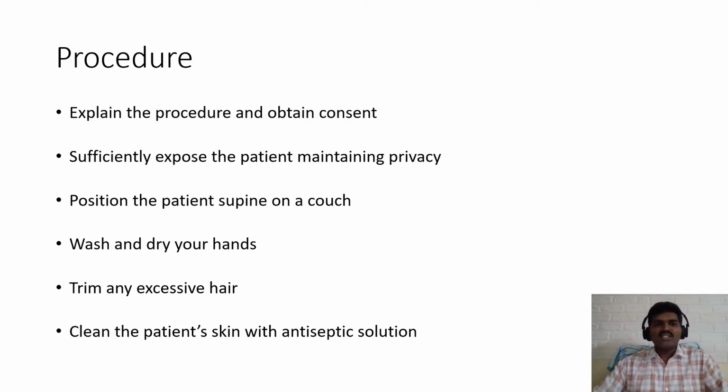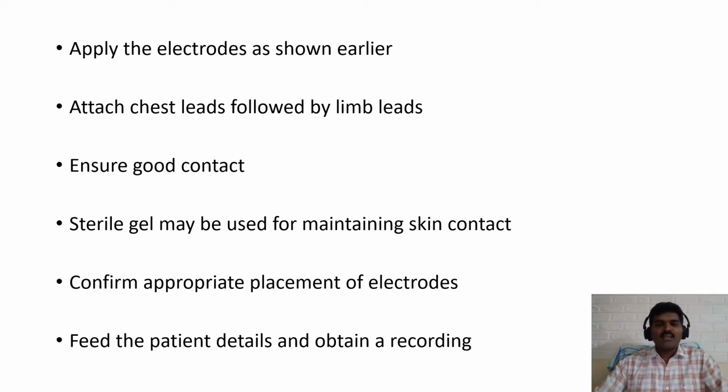For ECG, sufficiently expose the patient, maintaining patient privacy, position the patient supine on a couch, wash and dry your hands so that you minimize infections, trim any excessive hair, cleanse the patient's skin with antiseptic solution, apply the electrodes as shown earlier, attach chest leads followed by limb leads, ensure good contact, use sterile gel for maintaining a snug fit to the skin, confirm appropriate placement of the electrodes, feed the patient details, and obtain a recording.